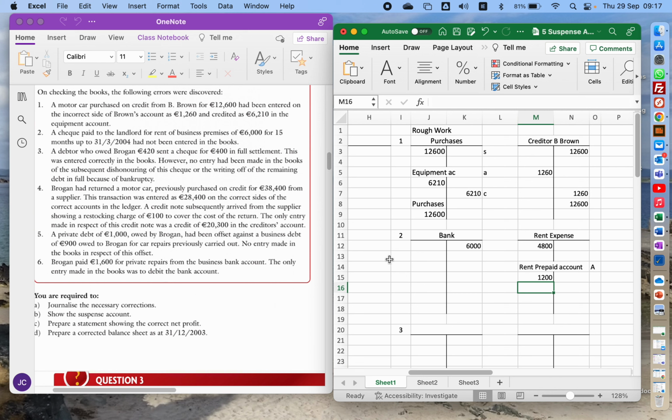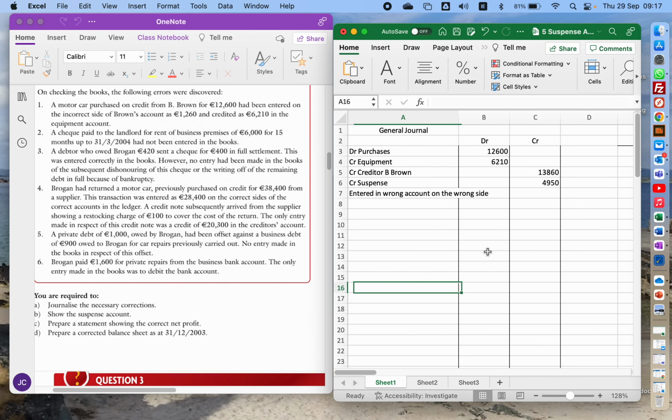Now, that was never entered in the books, so therefore that's what will go straight into our general journal. So we're going to have credit bank £6,000.